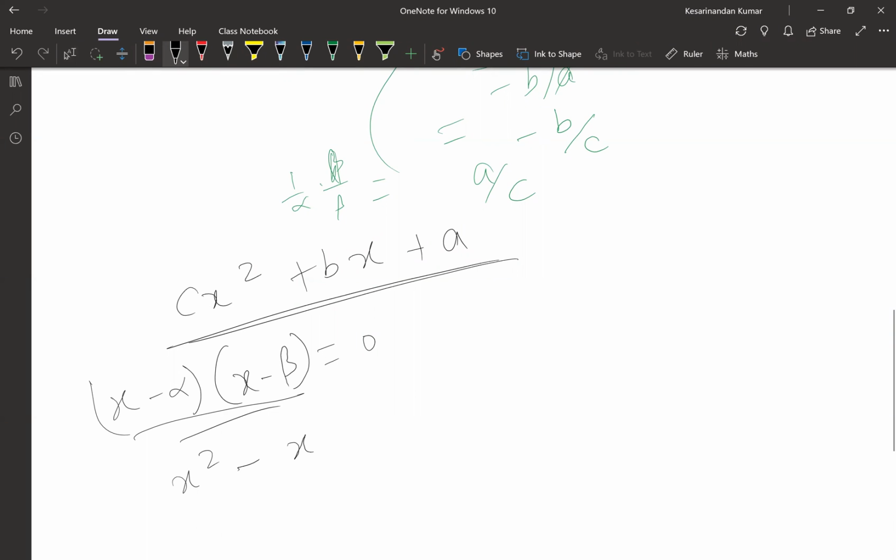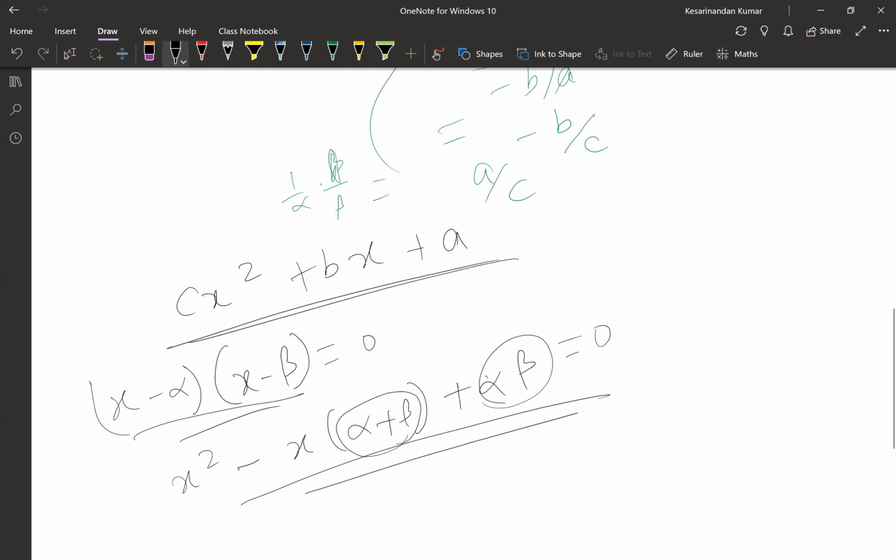It will be x squared minus (alpha plus beta) x plus alpha beta, equal to 0, obviously. So it is the sum of roots with a minus sign and the product of roots. Don't forget this minus sign, guys. A lot of mistakes are made because of this part.